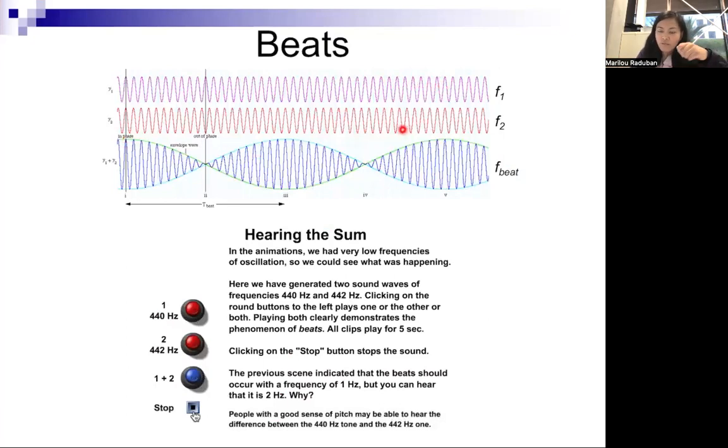And when they string, for example, a guitar, if the frequency of sound from the guitar is different from the perfect pitch, the reference frequency, they will hear that beat from their instrument, and so they tune their guitar until that sound disappears, or until they don't see this beat wave anymore.